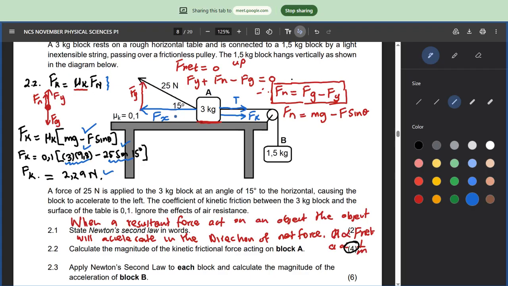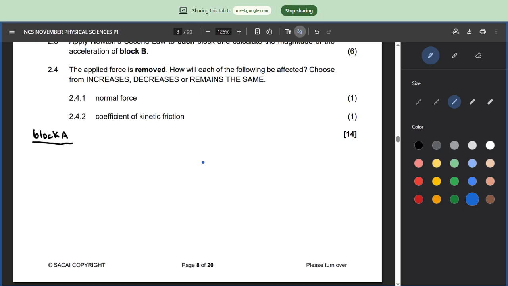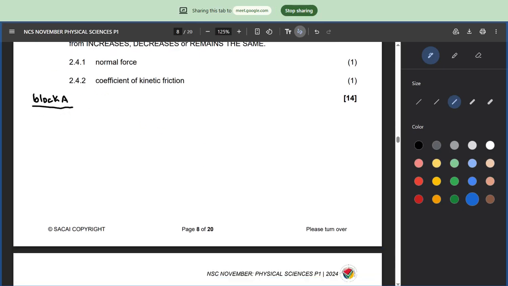There's only 3 forces on block A. Right. Then let me quickly draw my free body diagram here. We have tension going that side. We have frictional force, and then we have Fx. So Fx, that's the horizontal component. Remember, Fx is equals to F applied cos of beta.